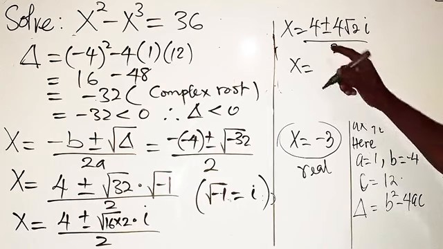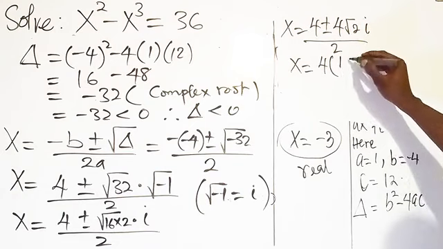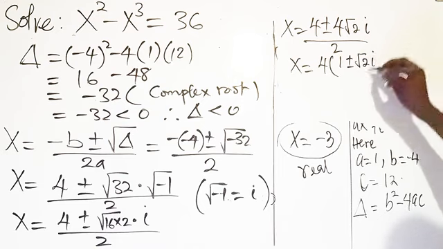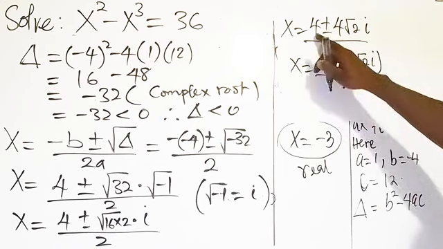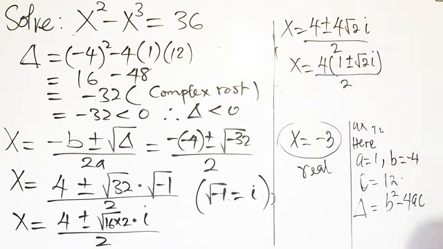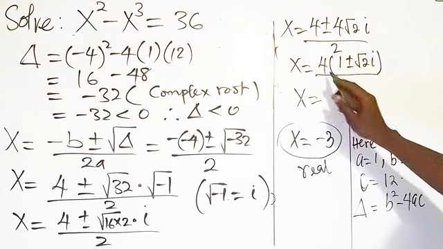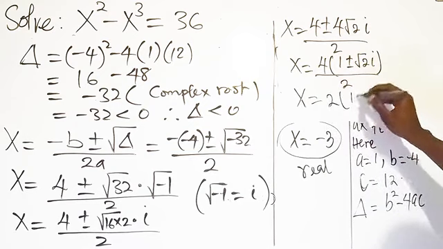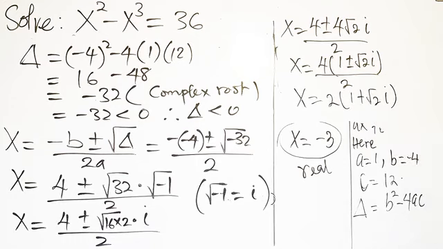Then we have x equals 4, because I factorize out 4, 1 plus or minus root 2 i over 2. I'm going to have x equals 4 divided by 2, that's going to be 2 into bracket 1 plus or minus root 2 i.